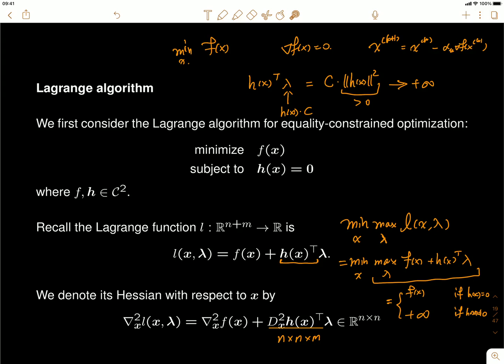So that's actually what this min-max is doing. When you do the maximum with respect to lambda, this gives you a very interesting function. It already takes the constraint into consideration.